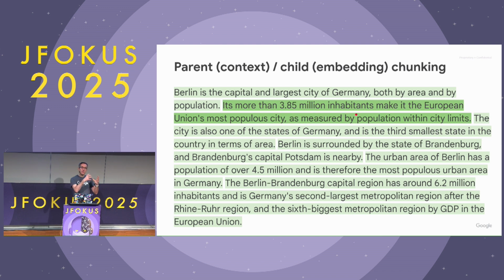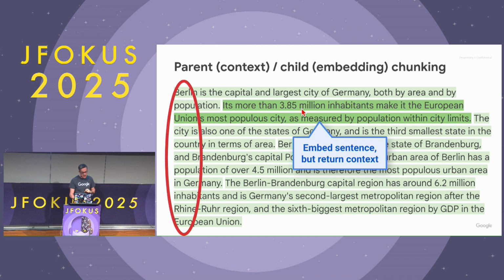But to the LLM, when you prepare the prompt, you're going to return the whole context of the paragraph. That way, this one matches the question quite well, but you also have the extra information from the surrounding sentences, surrounding paragraph, so that you know that Berlin and its are the same thing, so Berlin has that many inhabitants. And so we embed the sentence and return the whole context.